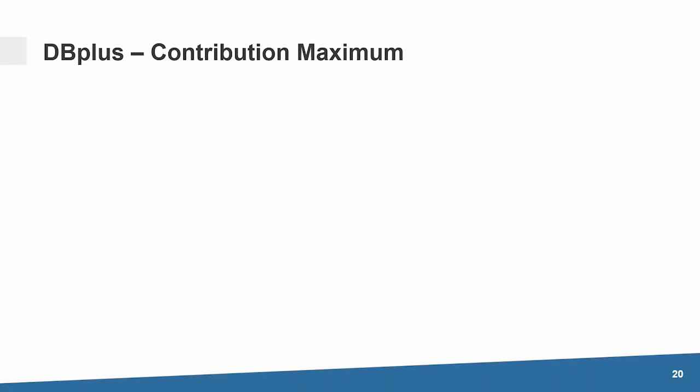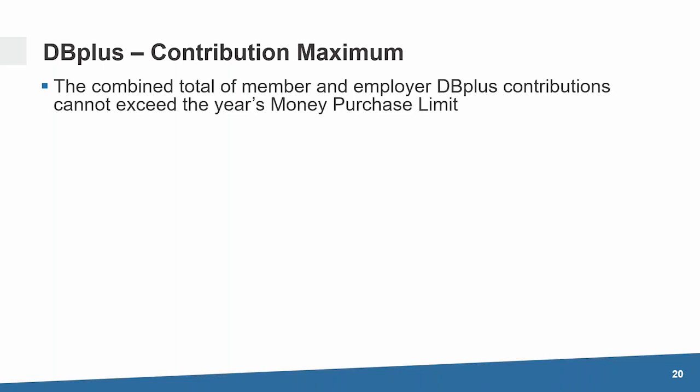Please note the following regarding the contribution maximums for DBplus members. The combined total of member and employer DBplus contributions cannot exceed the year's money purchase limit, which is $27,830 in 2020.